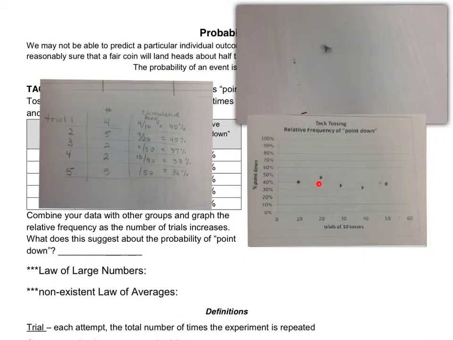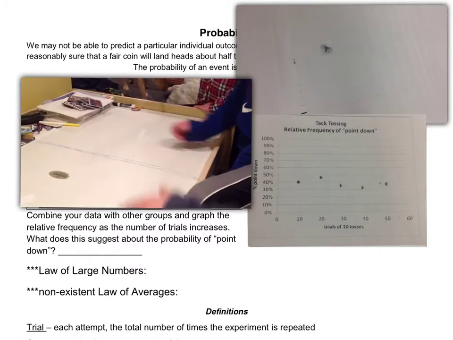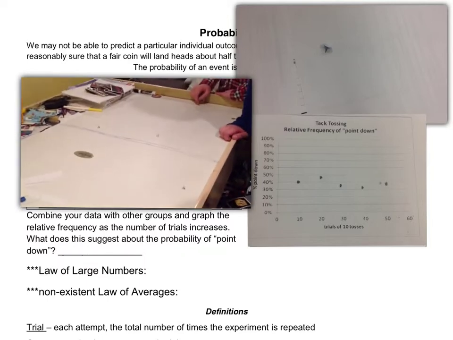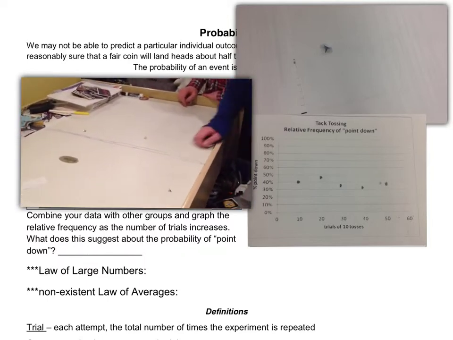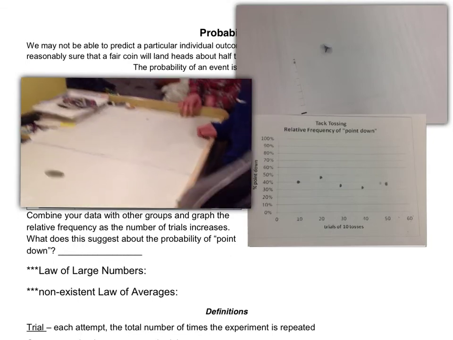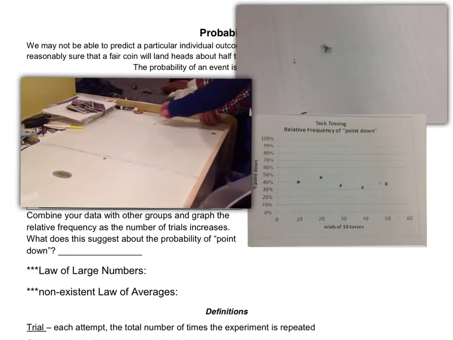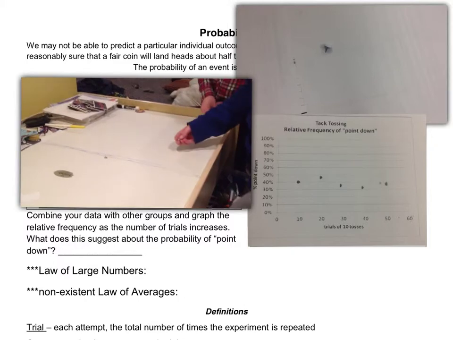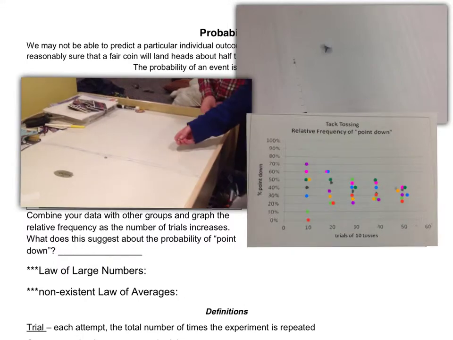But if we combine our data with other students in the class or with my kids, toss 1. Down. Okay, and toss 2. Ready? Down. Down. Up. And combining many other groups, our graph changes to this, and you do see more of a pattern.